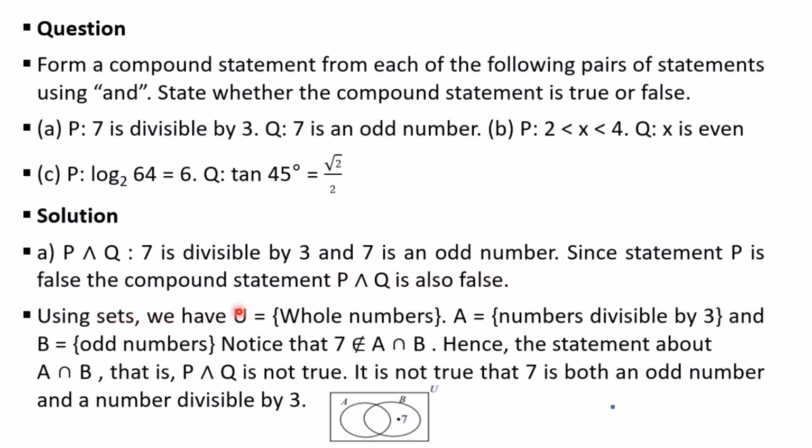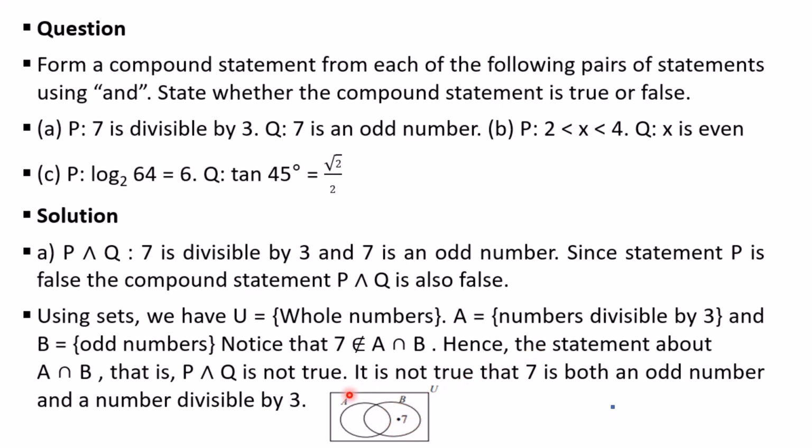Using the Venn diagram, we can say the universal set is our whole numbers. A is the numbers divisible by 3, and B is the odd numbers. We realize that in this case, 7 does not belong to A. It's not divisible by 3. But 7 is an odd number, so 7 is here in B, the set of odd numbers.